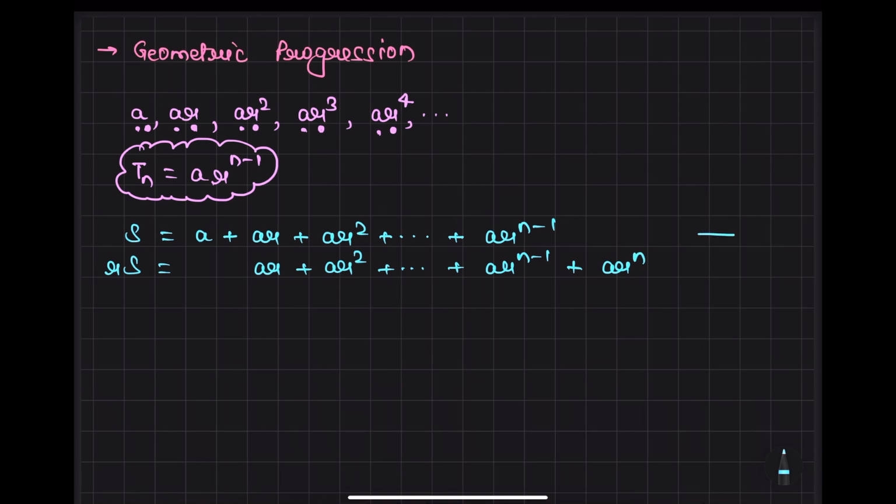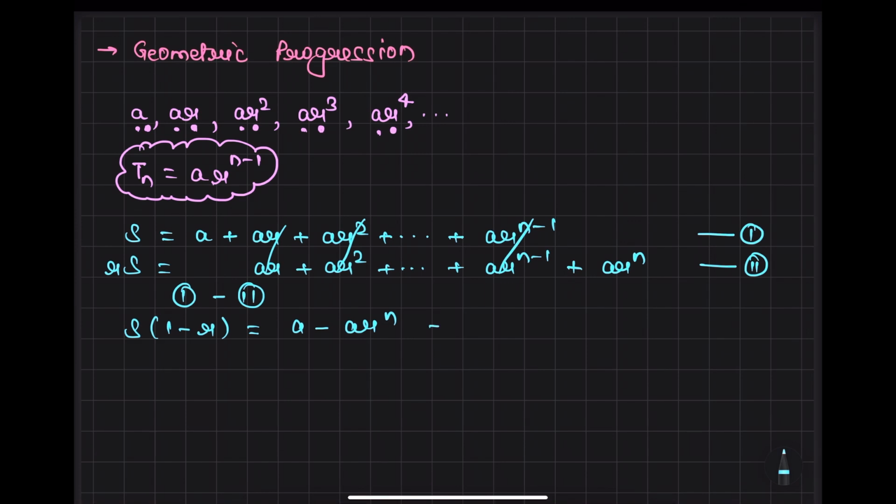Suppose this is your sequence, this is 1, and this is 2. What we did is 1 minus 2. So we will have s times 1 minus r equals a minus ar to the power n, since the middle terms will be neutralized.